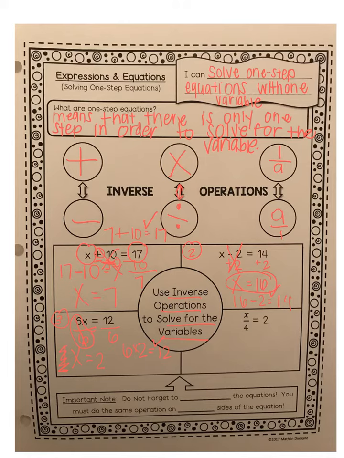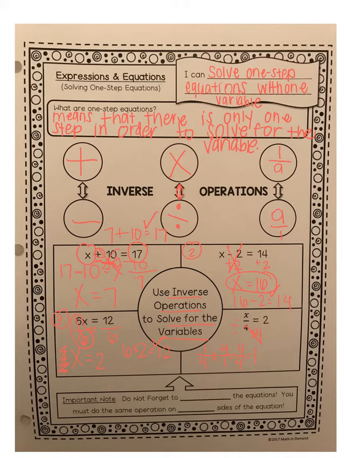In this last example, it looks like a fraction, but don't let that trick you. Remember, the fraction bar represents a division sign. So this is a division problem, and the inverse operation of division is multiplication. That's going to cancel out to be 1 again. Why? Because you have 1/4 times 4 over 1, which equals 4 over 4, which simplifies to 1.